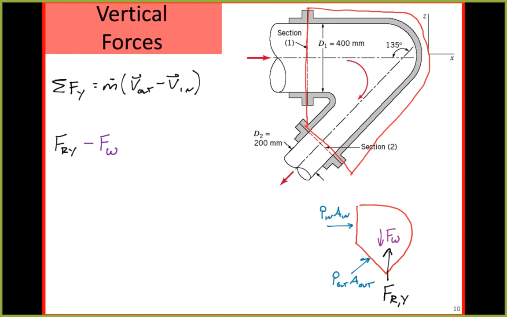Now what about the inlet? Is there a vertical force at the inlet here? No, that's perfectly horizontal, right? So at the inlet, we don't need to deal with a pressure force. What about at the outlet? Okay, in the positive or negative direction? Positive, because there's a component in this diagonal force down here in blue, there's a vertical component that would push upward, right?